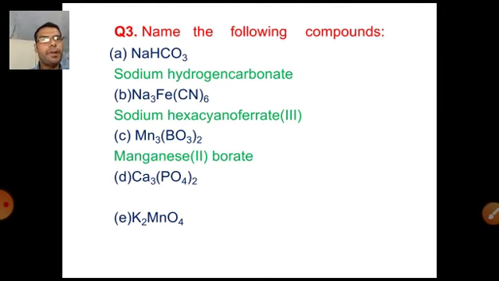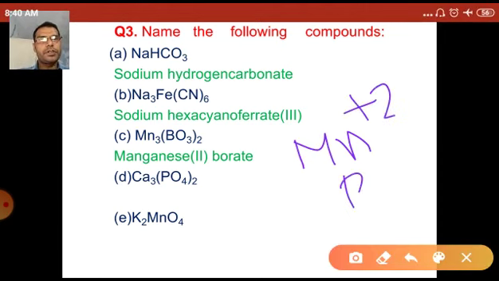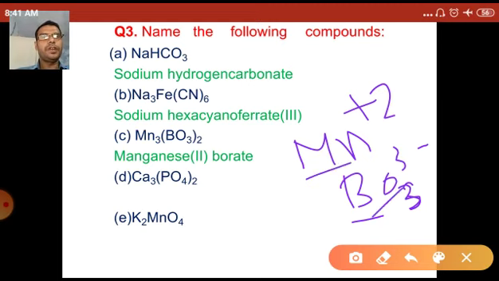Now the valency of manganese here is Mn +2, and BO3 3 minus. This is the borate ion, and this is the manganese cation, and they form manganese second borate.